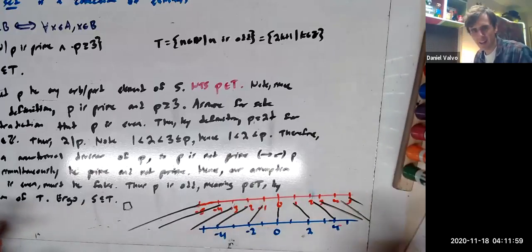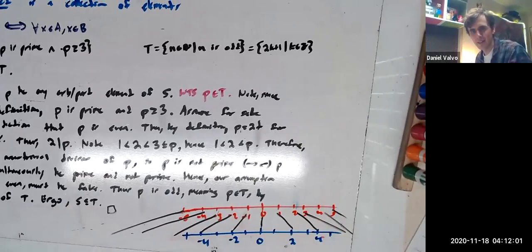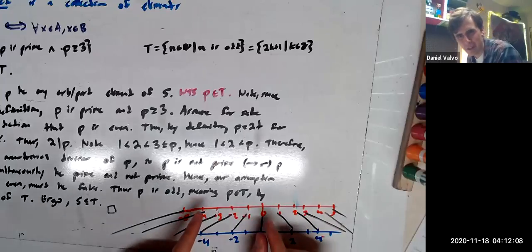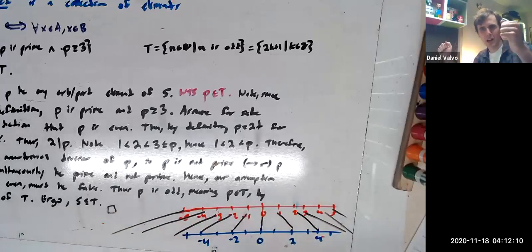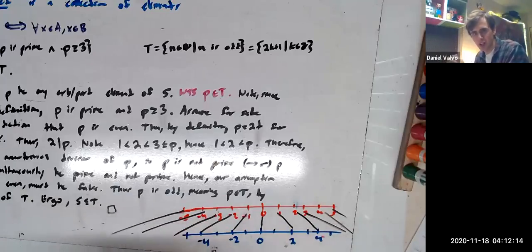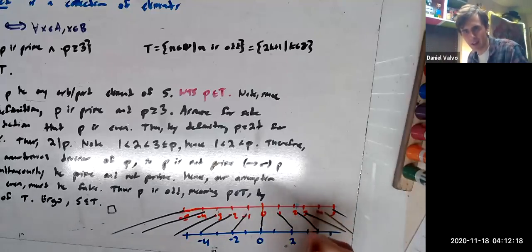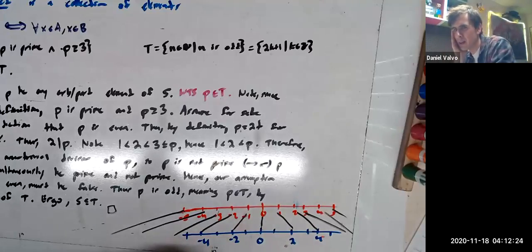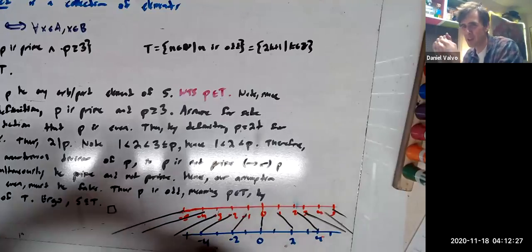Then you see that the even numbers aren't really half of the integers, but just a stretched out version of them. If you take the integers and stretch them out by a factor of 2 and put them back on the number line, you land on all the even numbers. So in that sense, there's not really more integers than even numbers. It's just that the even numbers are stretched out.